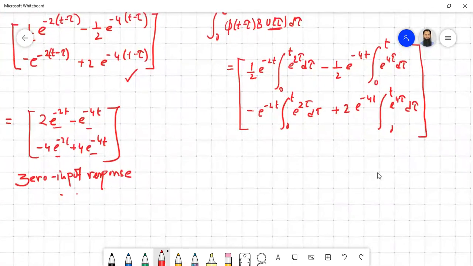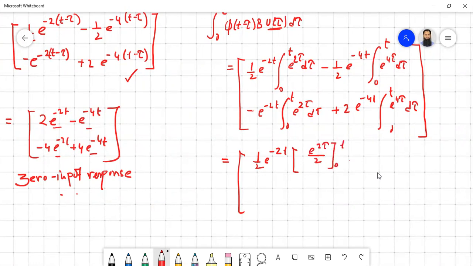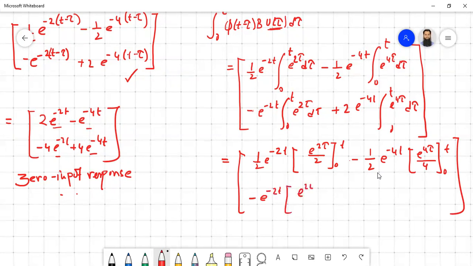Okay, so the integration will give us something like this: half e to the power minus twice t, then e to the power twice tau by 2, 0 to t, minus half e to the power minus 4t e to the power 4 tau by 4, 0 to t, and then minus e to the power minus twice t e to the power twice tau by 2 with 0 to t, plus 2 e to the power minus 4t e to the power 4 tau by 4, 0 to t.